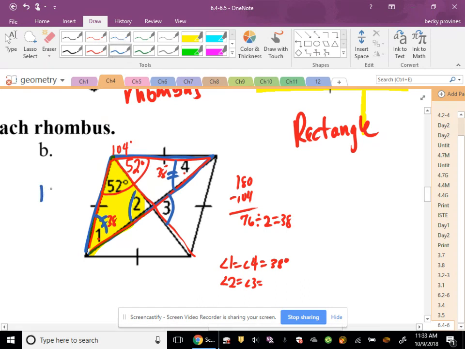In a triangle, I know I have 180 degrees. Let's subtract the two angles that I already know, the 52 and the 38. You could add the 52 and the 38 to get 90 and then subtract it from 180, or just take 180 and subtract the two angles. Either way, you get 90. Now, could we have figured out the 90 from the beginning?